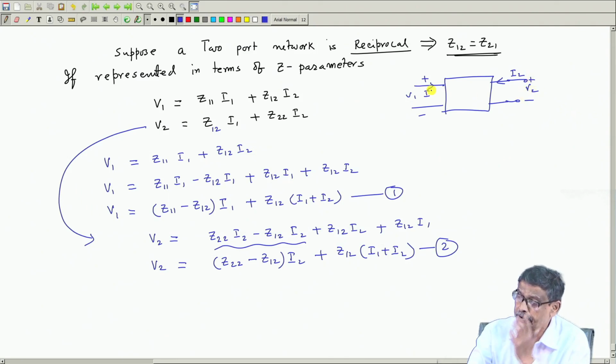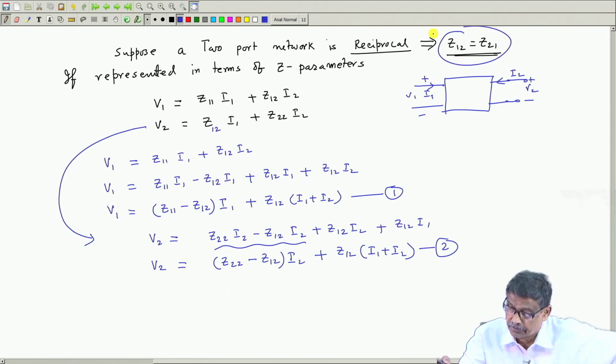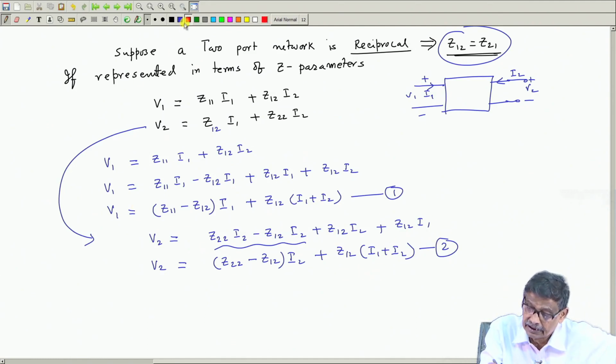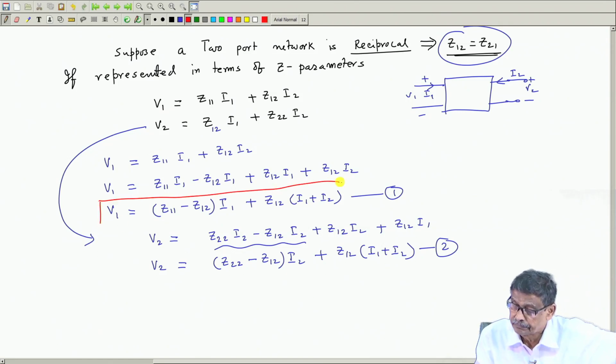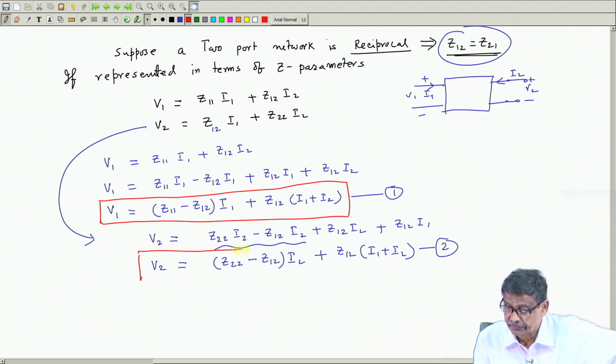V1 I1, V2 I2. I find out the parameters, and I am told that it is a reciprocal network. So, in that case Z12 must be equal to Z21. Therefore, this basic equation can be written like this; I highlight these two equations.